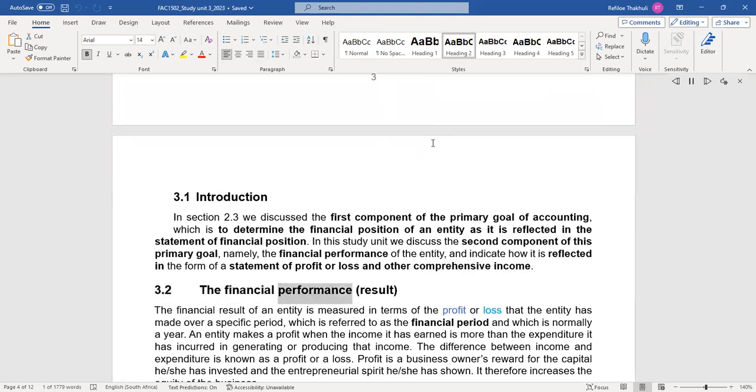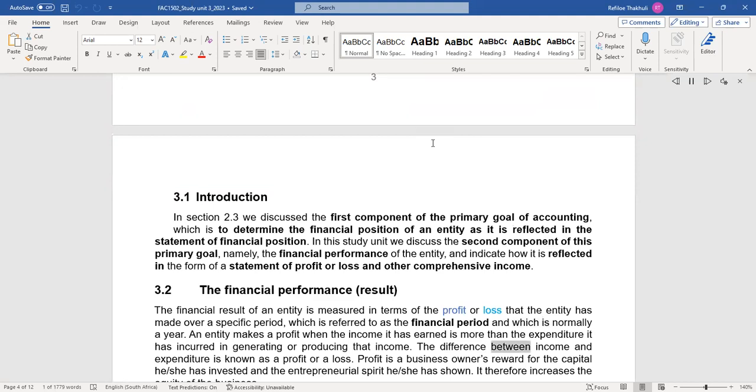3.2 The financial performance, result. The financial result of an entity is measured in terms of the profit or loss that the entity has made over a specific period, which is referred to as the financial period and which is normally a year. An entity makes a profit when the income it has earned is more than the expenditure it has incurred in generating or producing that income.